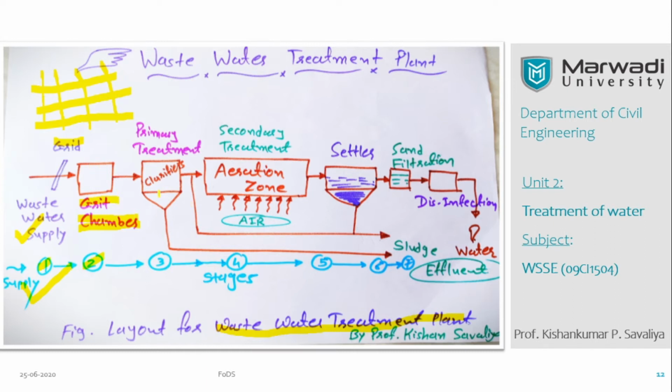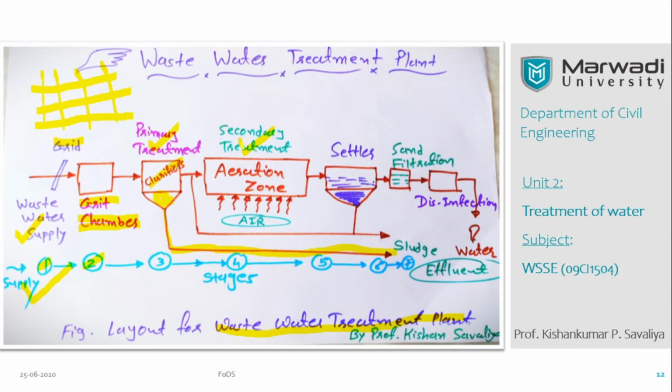Then wastewater goes to the primary treatment and secondary treatment. In primary treatment, certain kinds of clarifiers are there. They rotate the wastewater in such a way that certain solid particles are collected at the bottom and transferred to the waste tank through this pipeline.